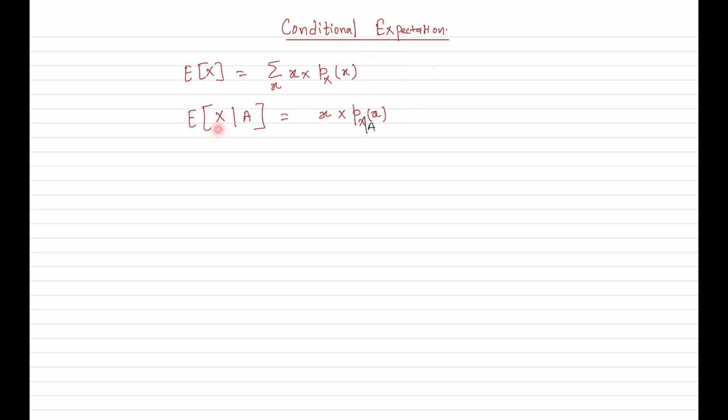So we are finding the expectation of the random variable x given some event. So this probability will not be an ordinary probability, instead it will be a conditional probability, right? And we sum this term over all the possible values of x. So this is what we have seen as the conditional expectation of a random variable given some event.